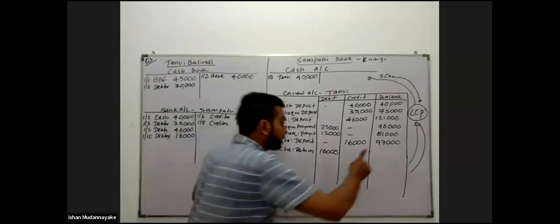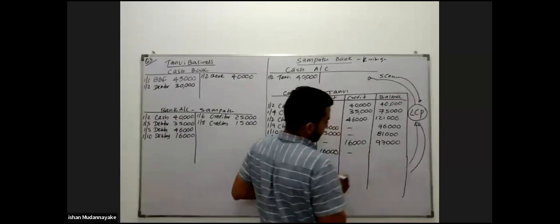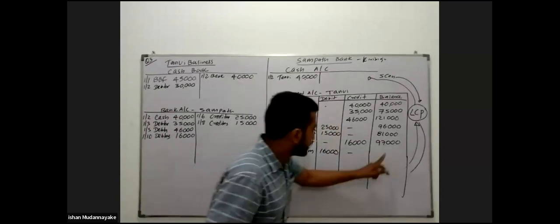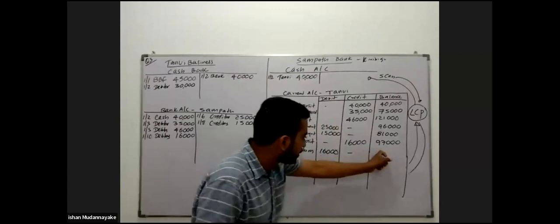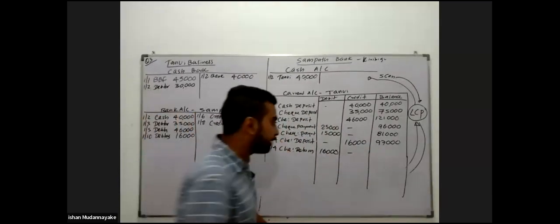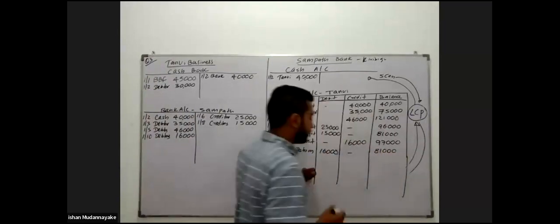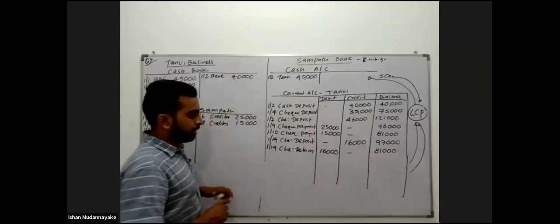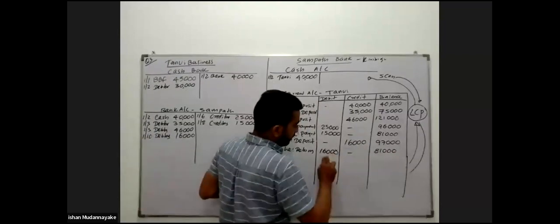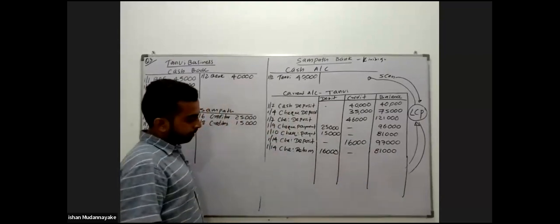Right now, 97,000 minus 16,000, balance available how much? 81,000. Balance available 81,000 in Sampath Bank.